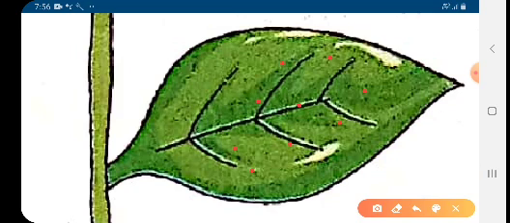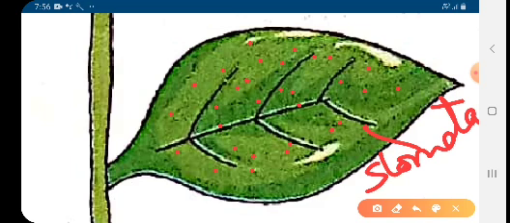On the lower surface of the leaf there are some pores or openings which are called stomata. These pores or openings help the plant to breathe.